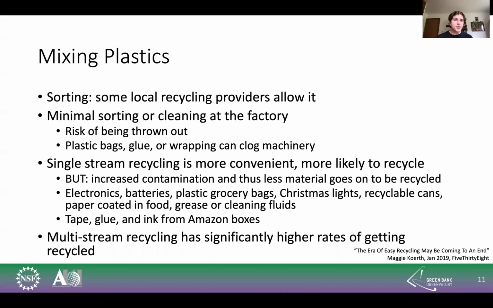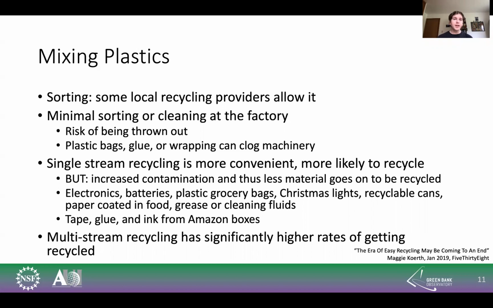Now, when it comes to recycling your plastics, I've talked a little bit about mixing or separating out your plastics, and these fall into the categories of single stream or multi-stream. And it very much depends what your local system services are available to you.